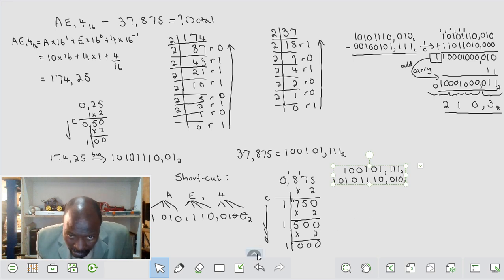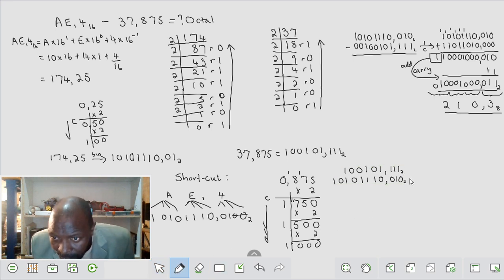All right, now this is the number we are subtracting, so we are going to change that by complementing. Okay, what do we do? That's a 0 1 0 1. Every 1 changes over and every 0 changes over. 3 zeros.